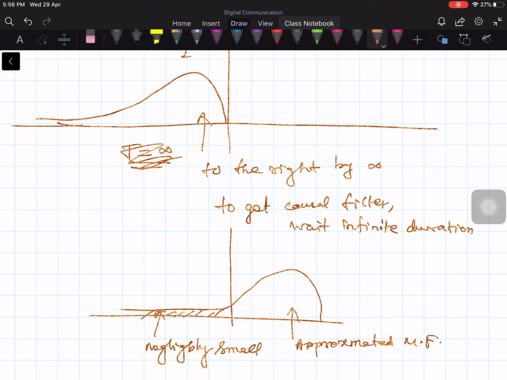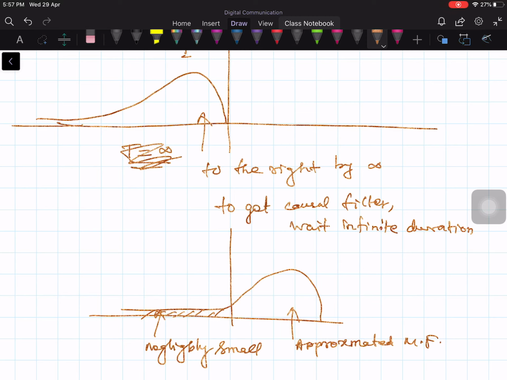I can always choose any T naught, and the proper matched filter is of course causal. Suppose you choose T naught equal to capital T, which is infinity here, you end up with a non-causal filter because it extends into the negative time axis and becomes zero at infinity. If I want to make it causal, there is no way out but to choose a sufficiently large value of T naught.